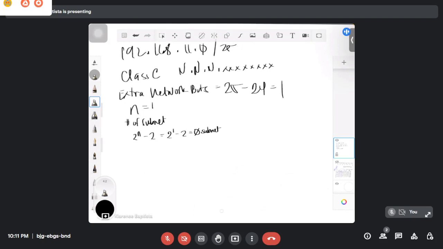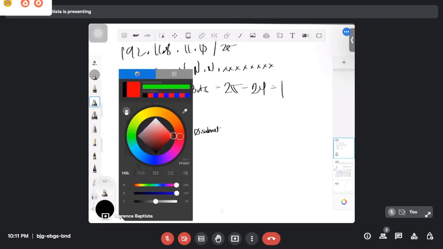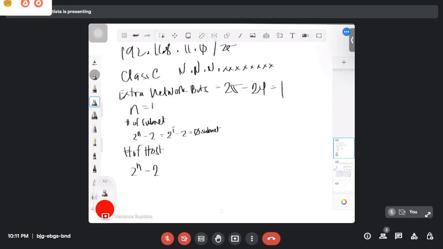Okay? And then, number of hosts is 2 raised to h minus 2. So, dahil 1 po ito, number of subnet, ito lang po yon. Yung remaining po niya na ibubuo po natin will be the value of h.